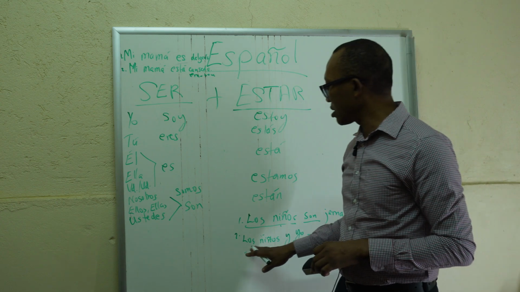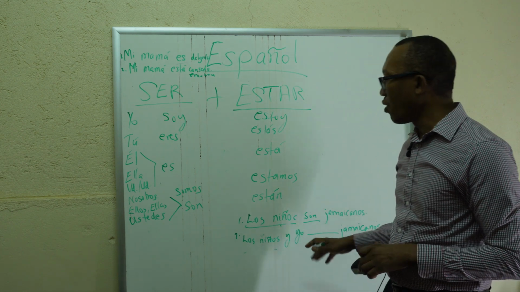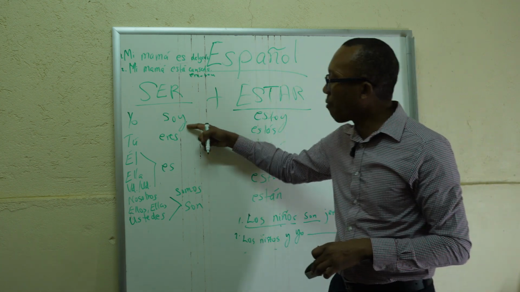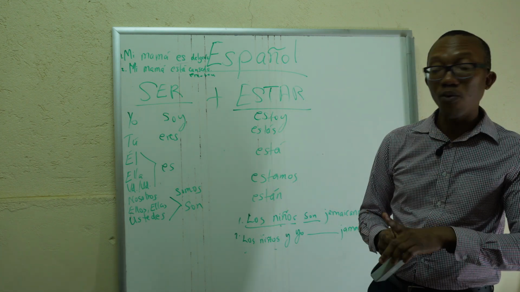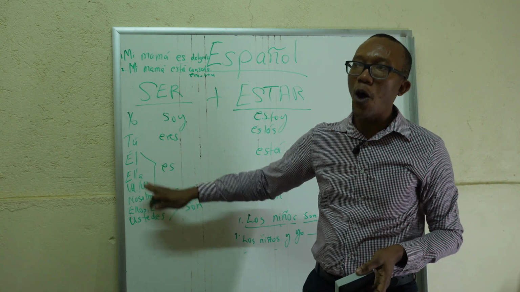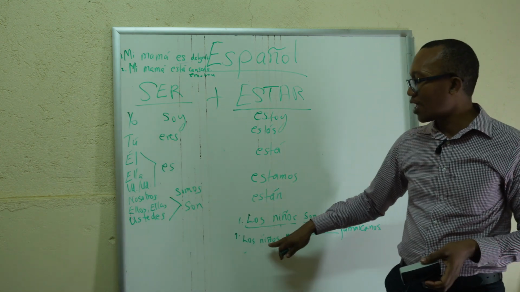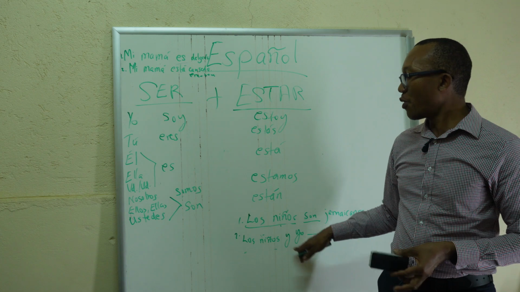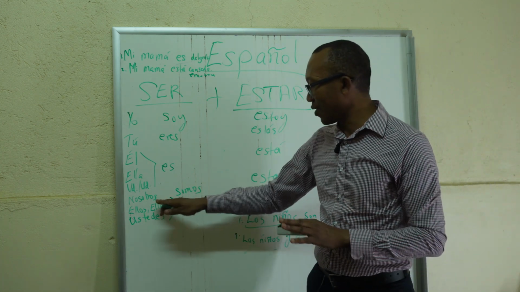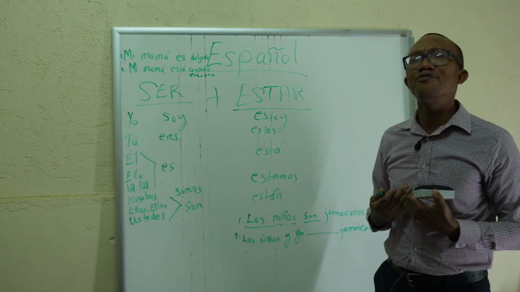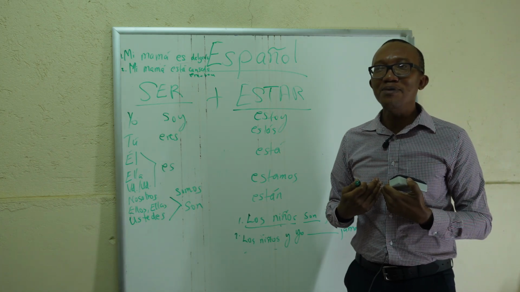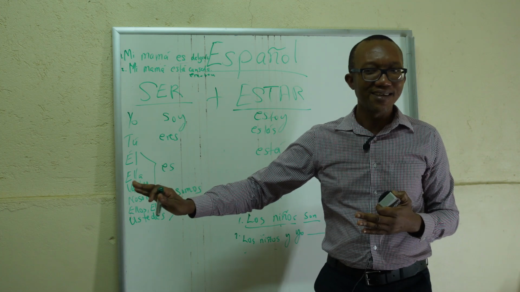Now, this is the subject, los niños y yo. But for you to know which form to use, you will have to think as to which pronoun can be substituted for los niños y yo. So we know that los niños refers to ellos, or can be substituted by ellos, they. But when you add yourself, it means it could not be they again.